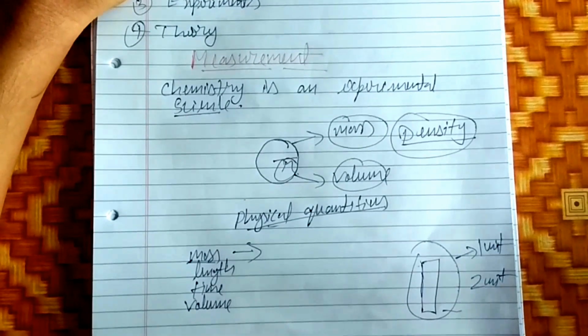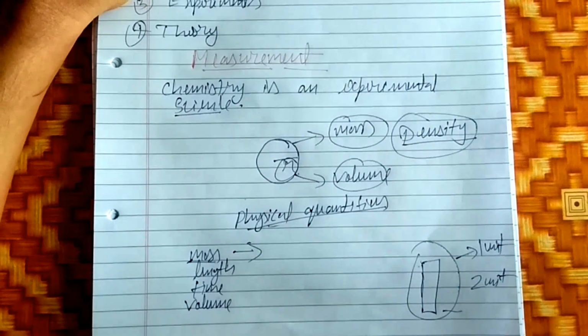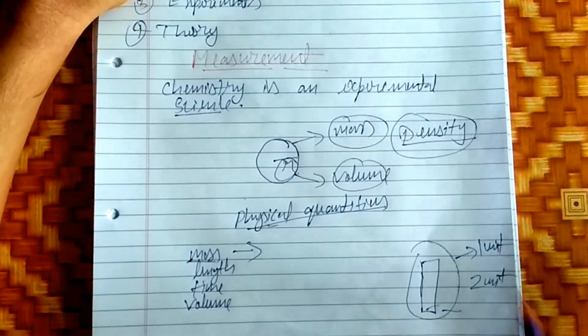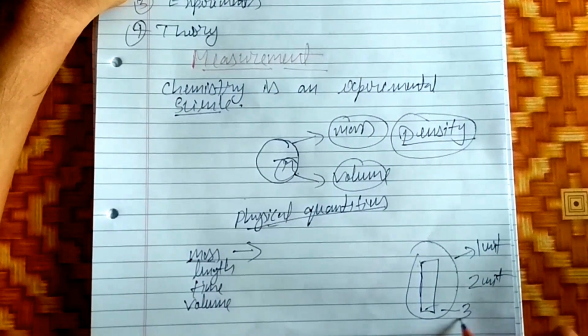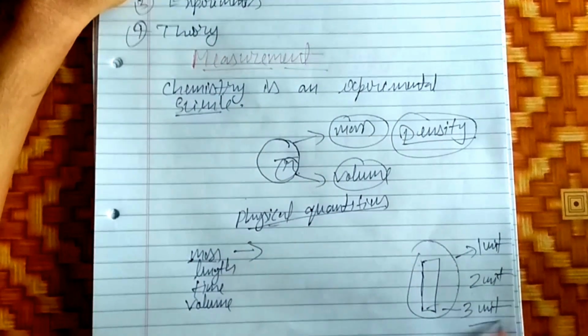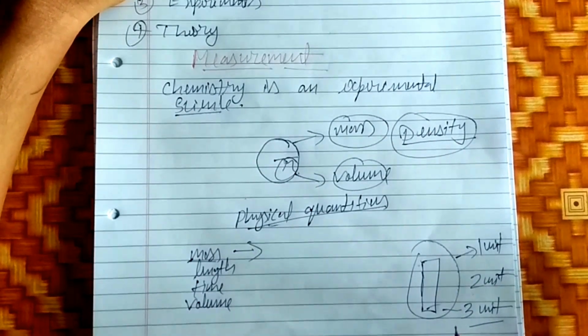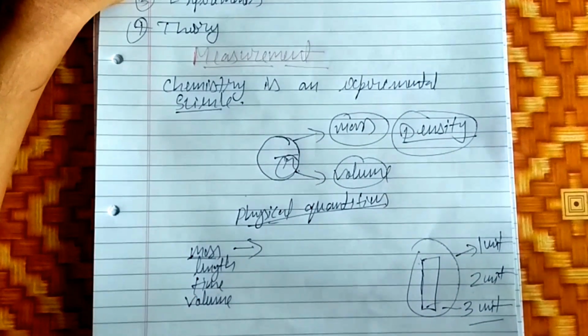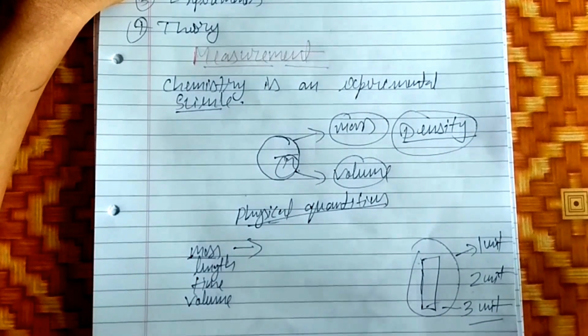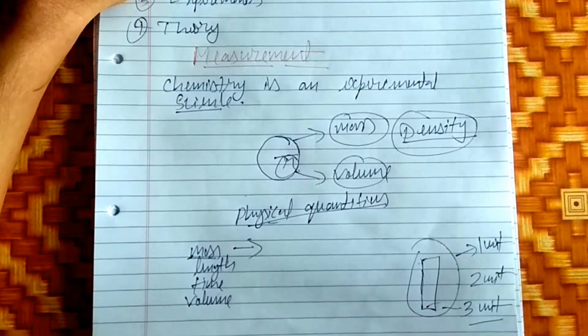Yes, right. If any object is 3 times the mass of this iron bar, then we can say that object has 3 units of mass, right? And if some object has half the mass of this iron bar, then we can say that object has 1/2 unit, right?